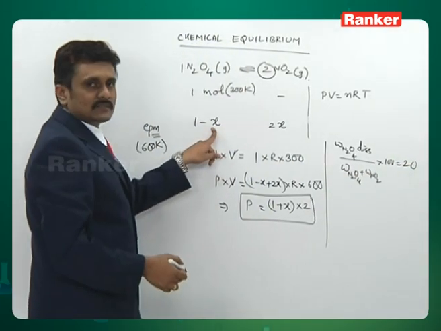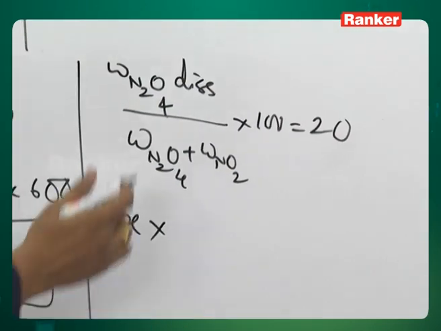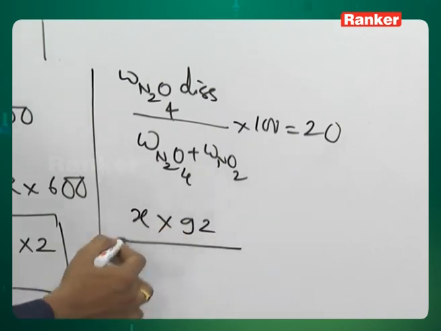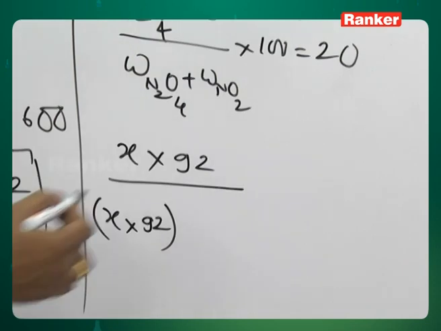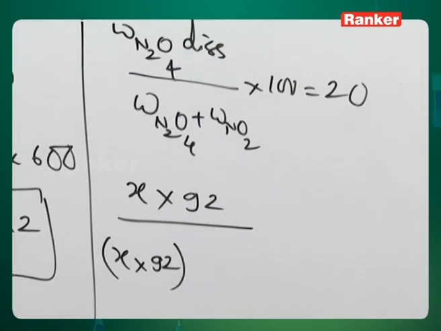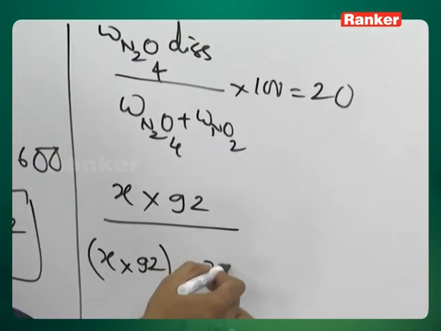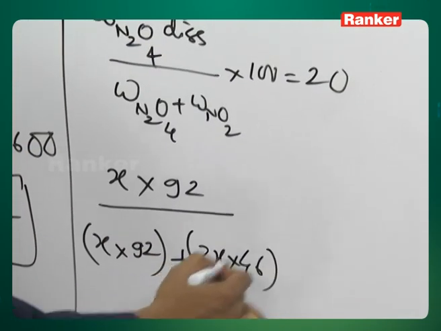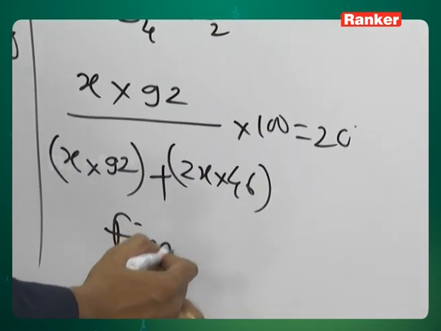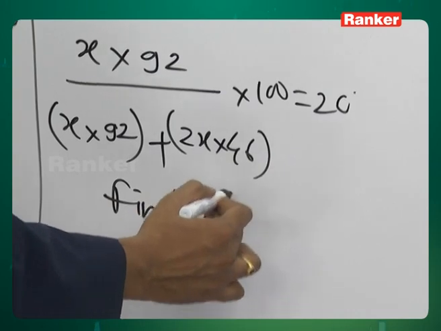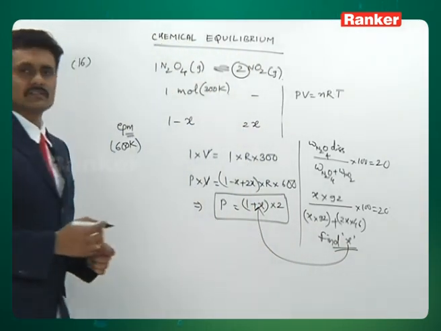Now the moles of N2O4 dissociated are x, and moles into the molecular weight of N2O4 will give you the weight, divided by moles into molecular weight of N2O4 dissociated plus the weight of NO2. Simplification of this expression will give you the value of x, and that x upon substitution here will fetch you the total pressure.